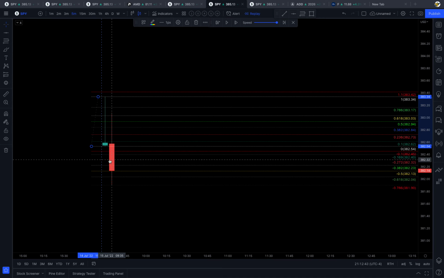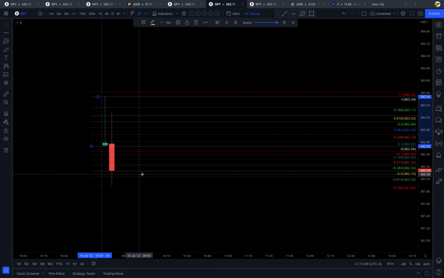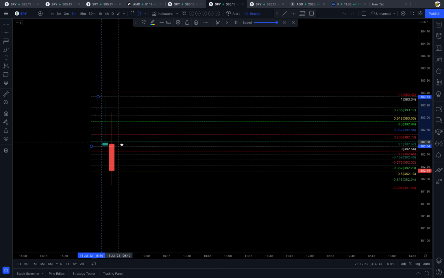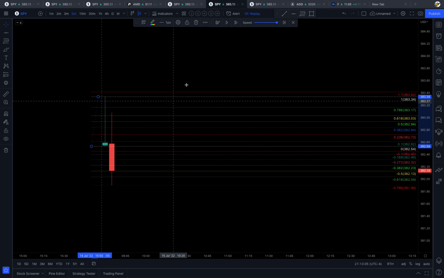So I took 2 out there, and I left a 3 on here, and then when it hit the 5, because it hit the 5 here, I think I took the other 2 off and I left that runner on. When I leave the runner on, my stop loss is a mental stop loss, so basically my entrance point is my exit point now, because I'm not going to lose money.